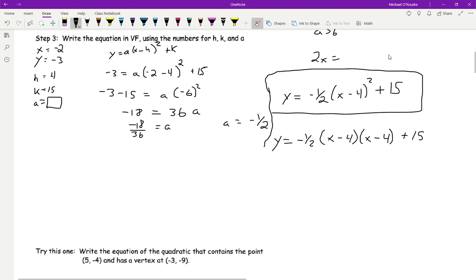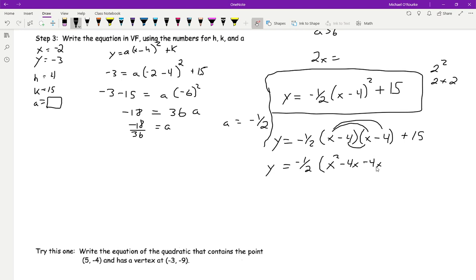Okay? Just as like 2 squared is 2 times 2. In this case, we're squaring this whole thing that's inside the bracket. And then we expand from there. So this is where we rainbow. But this stays in the bracket. Actually, it stays in the bracket. X squared minus 4x minus 4x plus 16.